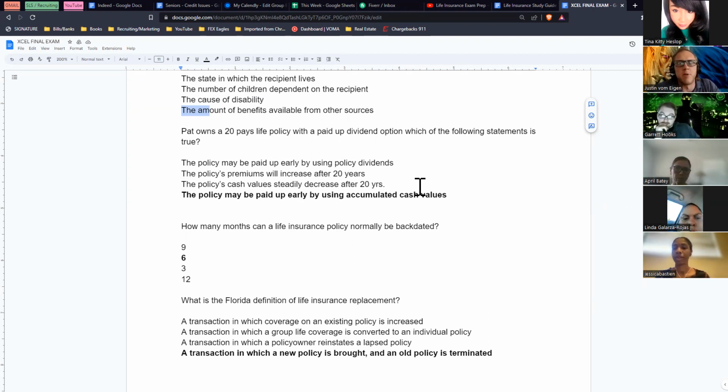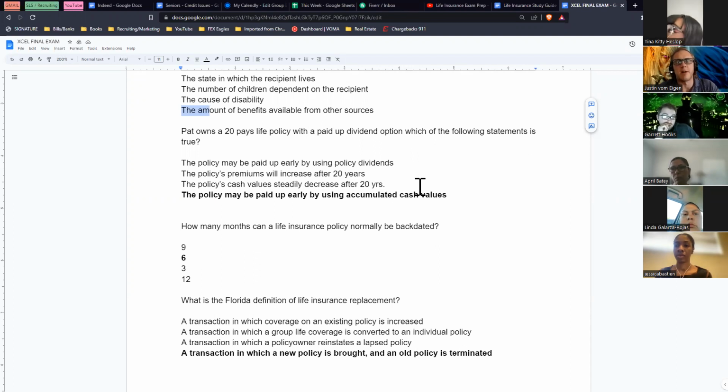No. Paid up whole life means it's been paid, like you don't have to make premiums on it anymore. So if you have dividends that keep contributing to your premium, it may get to a point where it's paid up. So they can only pay it up with dividends. Okay, no, you can pay it up with cash, right? Okay. But it can pay up faster with that.